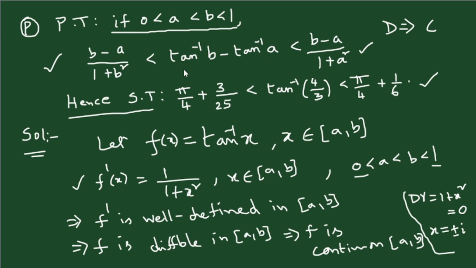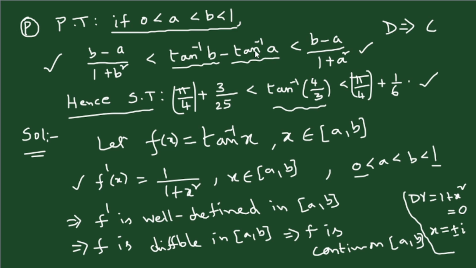For that, what we have to do, in place of tan inverse b, you have tan inverse 4 by 3. So in place of minus tan inverse a, nothing is there, but you have pi by 4 on both the sides, right? So this second term tan inverse a is always related to this pi by 4. In some problems, you will have sin inverse a here, pi by 6 here, cos inverse a here, pi by 3 here.